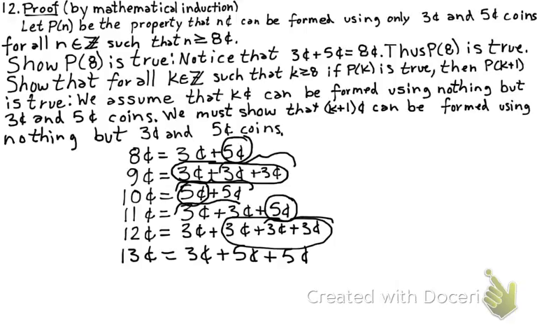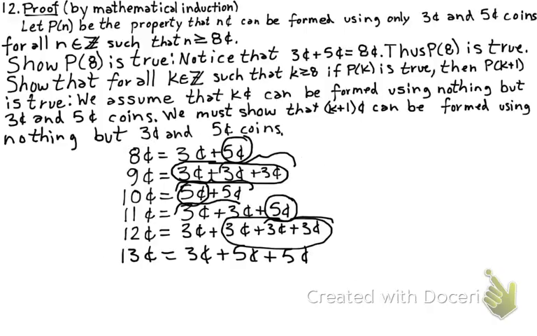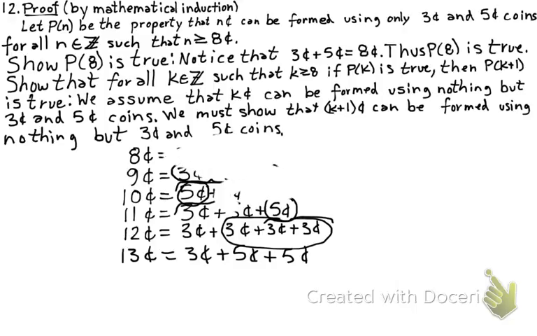And as long as we've got 3 3-cent coins, we can get the next value up just by changing them into 2 5-cent coins. So this is our process, but this stuff right here is not the proof. This is us figuring out how the proof is going to work. So we need to make sure this stuff is not in the middle of our proof, so I'm going to erase it. But now we know how we're working.